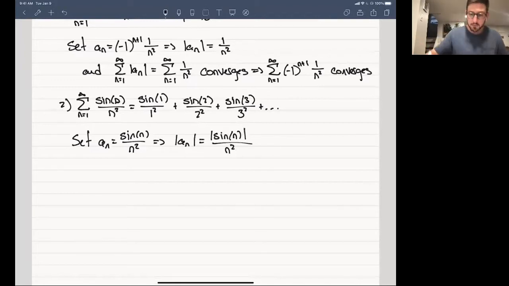Now you're probably looking at this thinking, Jason, I don't think this really helped, did it? Because I'm stuck with the absolute value of sine. But this is non-negative. And we know that the absolute value of sine of n is less than or equal to 1 for all n.